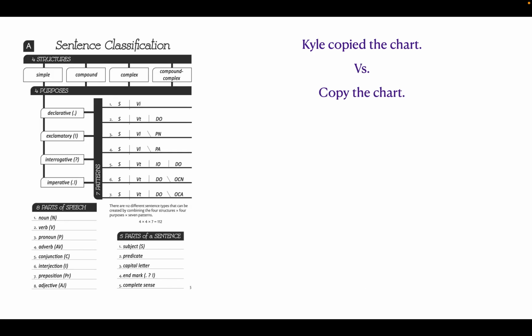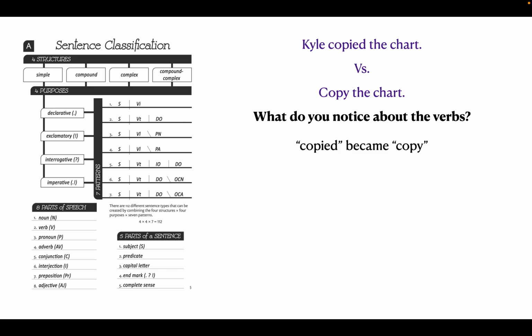Okay, so let's compare the sentences. Kyle copied the chart versus copy the chart. What tense is copied? What do you notice about the verbs? That's right, copied became copy. So what tense is copied? That's right, it's the past tense.